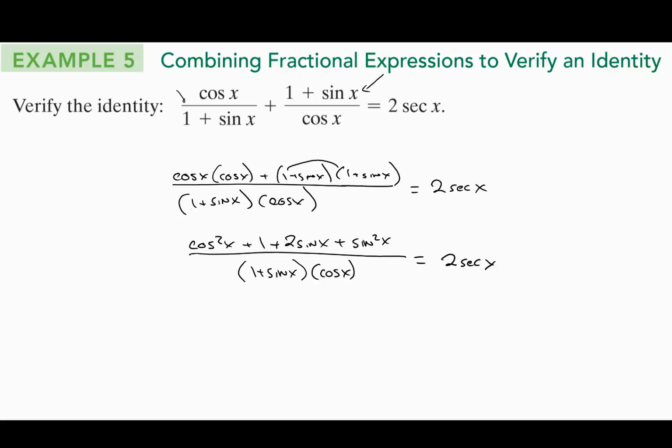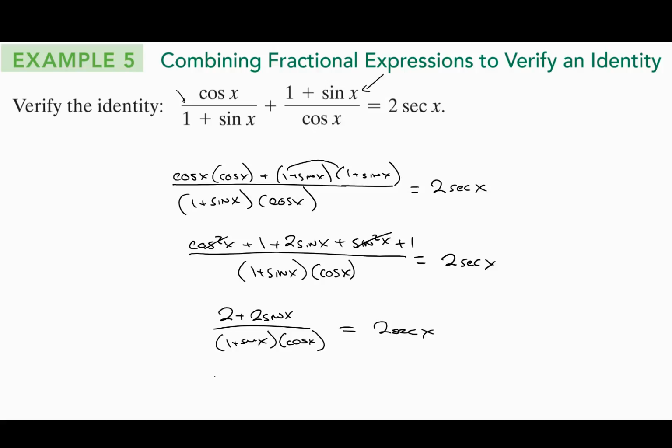All right, cosine squared and sine squared, when you add those two together, you get 1. And so now the numerator is 1 plus 1 gives me 2 plus 2 sine x over 1 plus the sine of x times the cosine of x. And again, what's our goal here? Keep looking at our goal, 2 secant x.